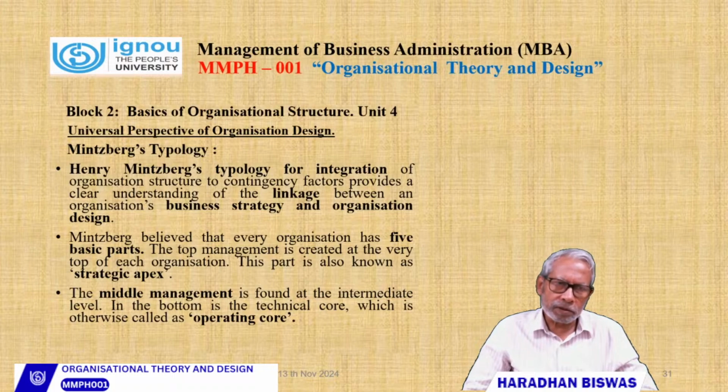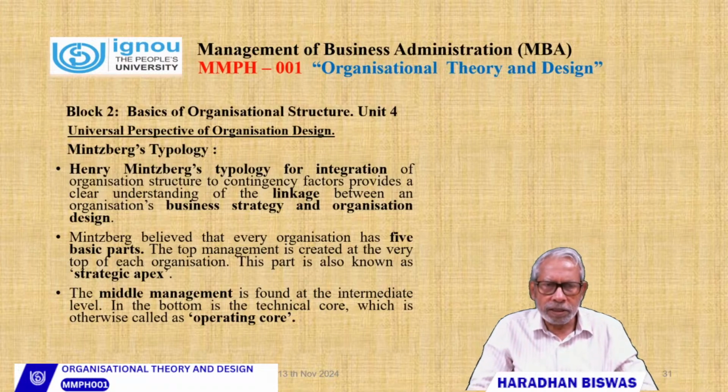Now middle management is found at the intermediate level, for example general managers, deputy general managers, sales managers, or additional managers. These are all basically in line with your middle management.